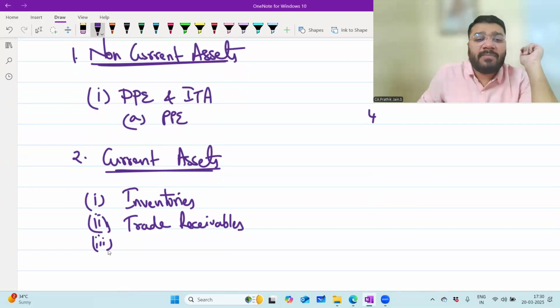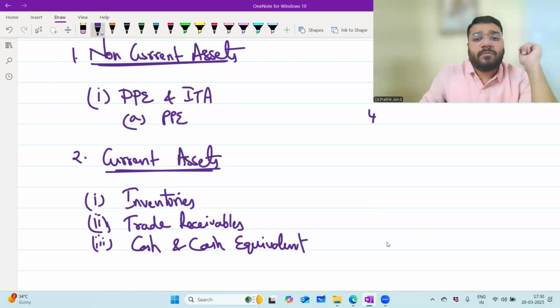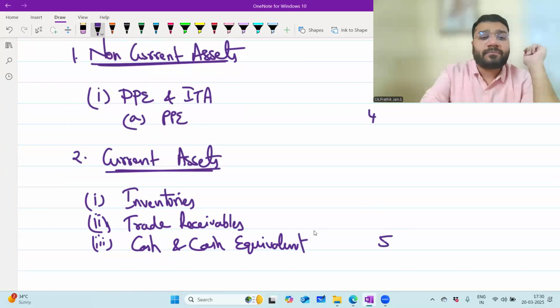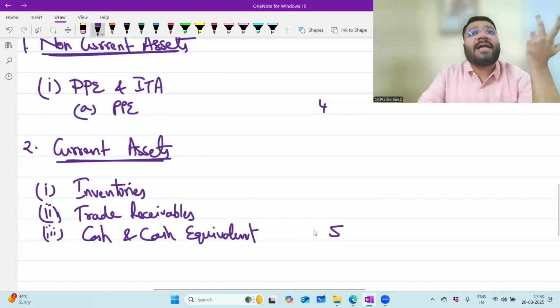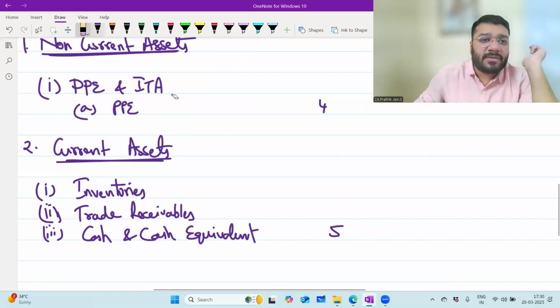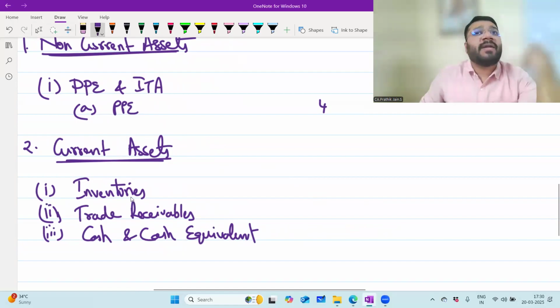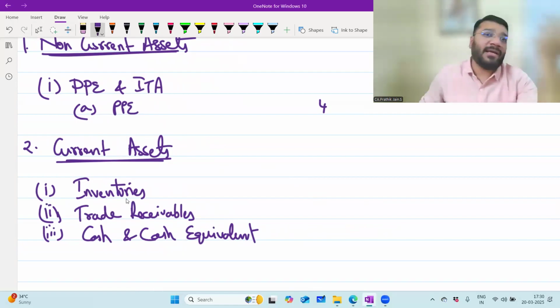Third, cash and cash equivalents. Breakup is required or not required? Note number 5. Then only one item is there, cash at bank. So this is also not required, sir. Sir, in some places where one item is there, you say not required, while here you are telling required. Here book is telling not required.